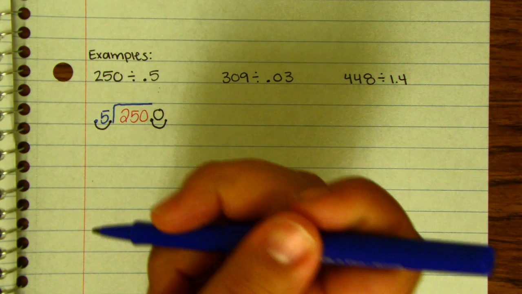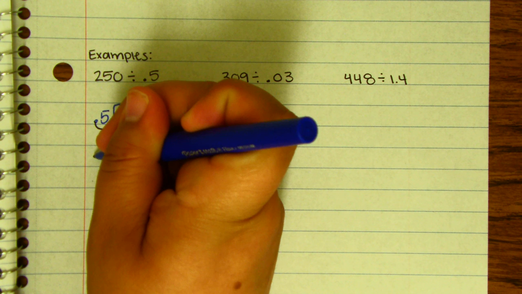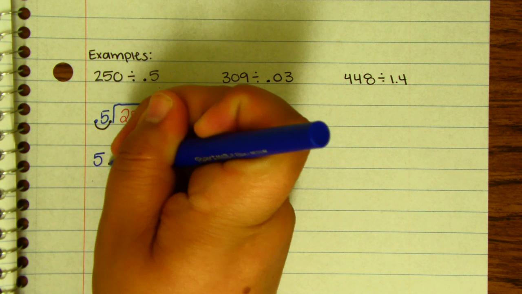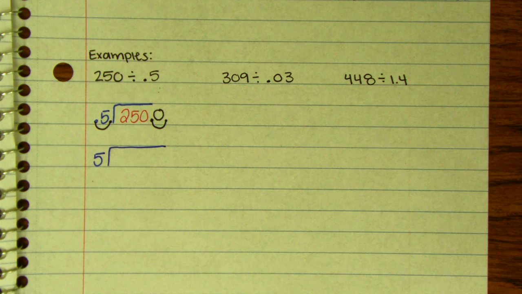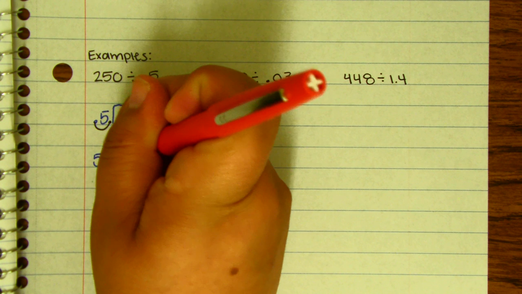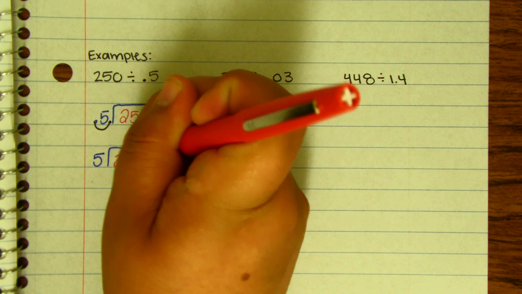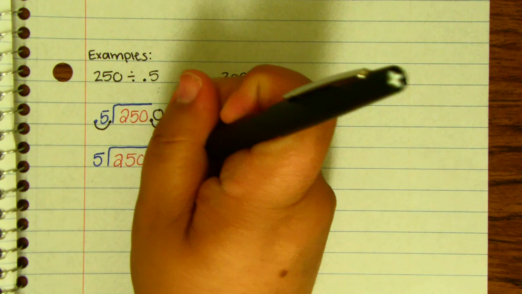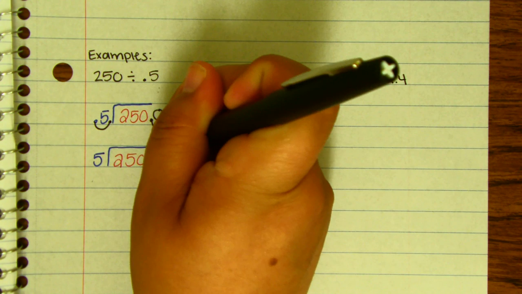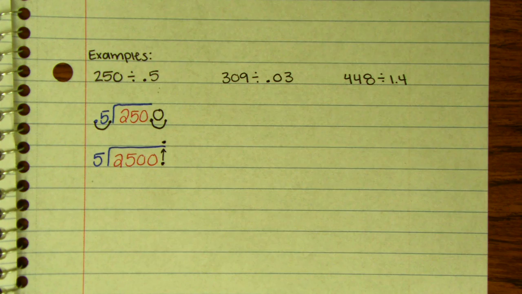So my new division problem is going to be 5 as the divisor, and inside the house is going to be now 2,500. And I'm not going to forget that decimal at the end, just in case I might use it again.